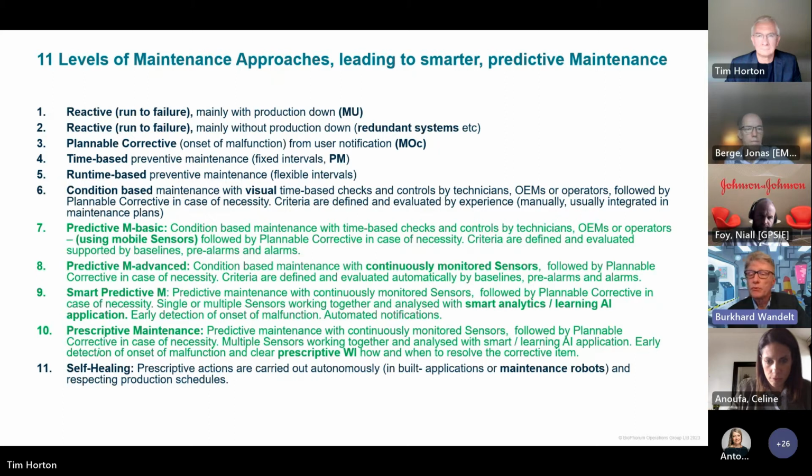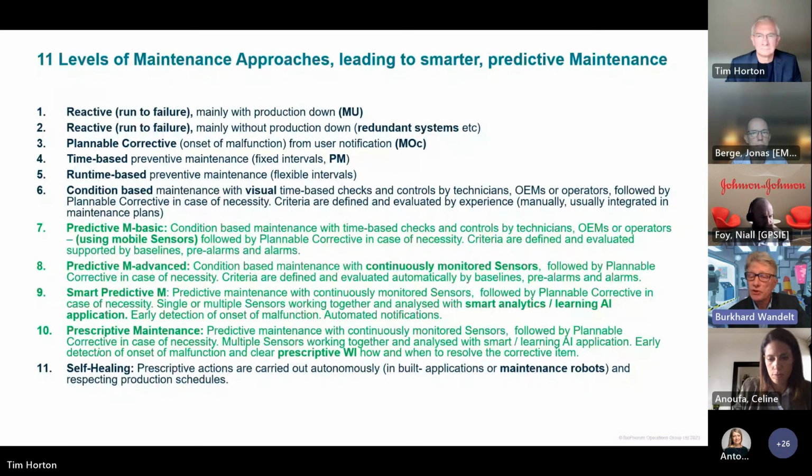What we often do for GMP reasons is time-based maintenance. Even most of our money goes into that category. It's a rigid schedule where you always do the same thing, regardless of the state of your equipment. A bit better then is runtime-based maintenance.